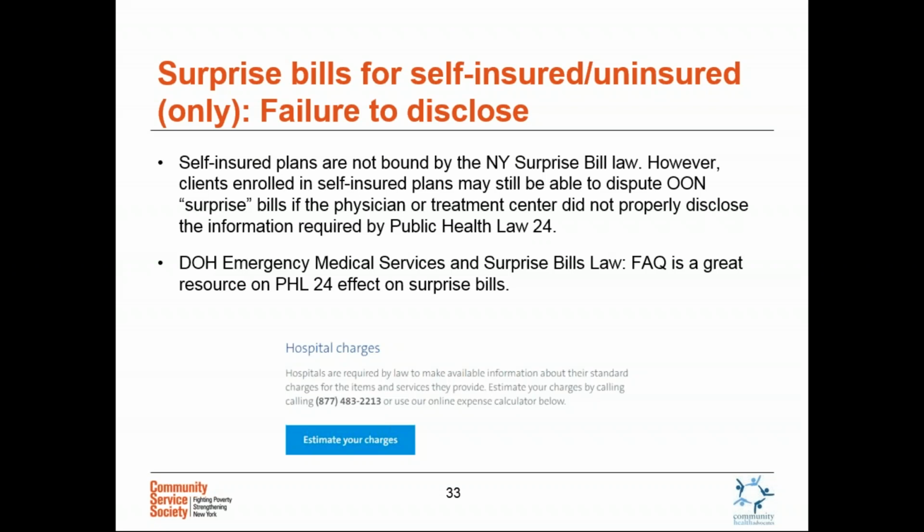When the surprise bill law passed, it amended sections of the New York Public Health Law to add disclosure requirements that hospitals and physicians in private practice have to abide by in order to inform patients of their network status. The Department of Health has a frequently asked question resource that's really great and explains all of the disclosure requirements mandated under the law, but you can read it on your own.